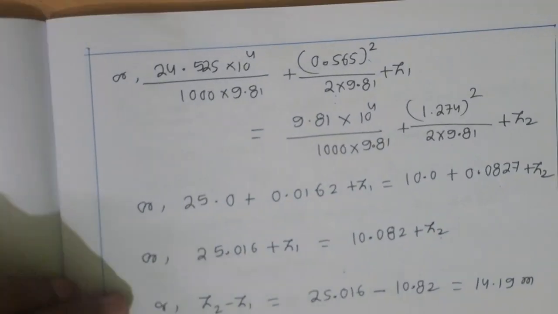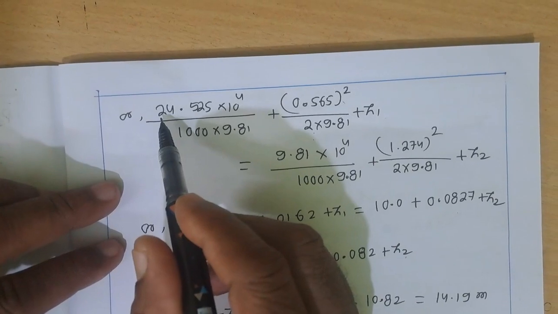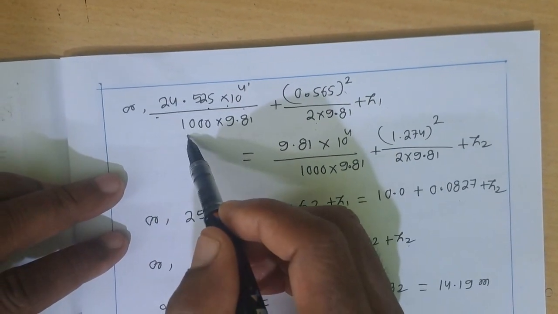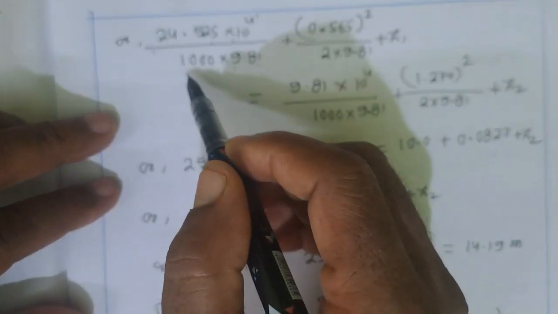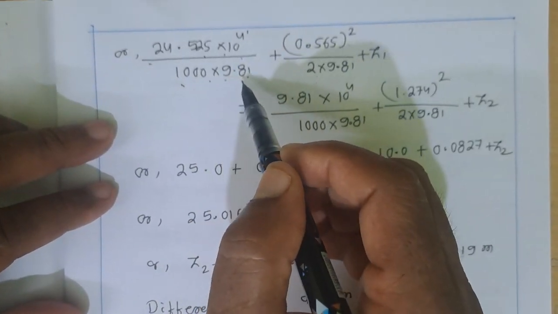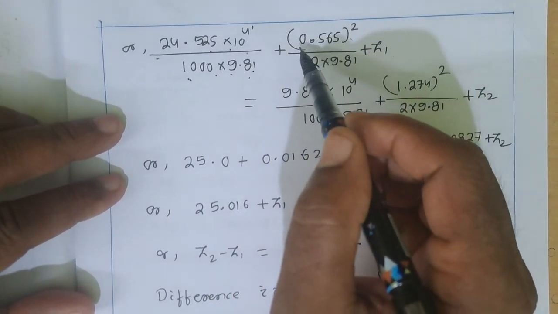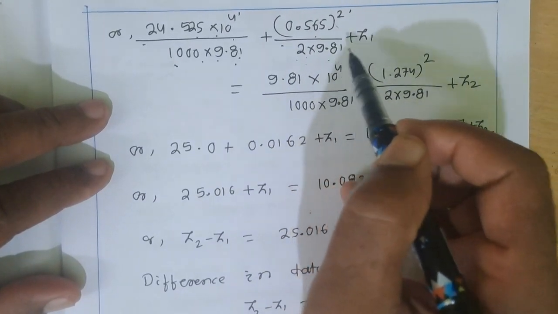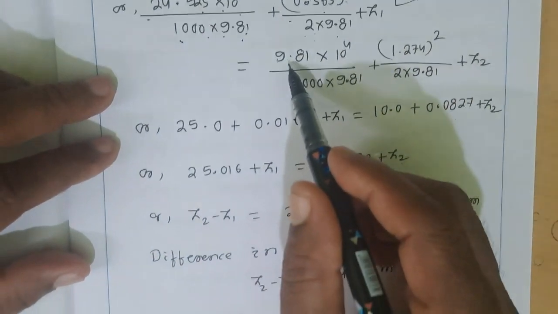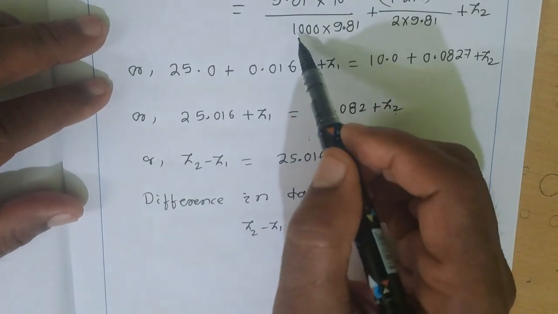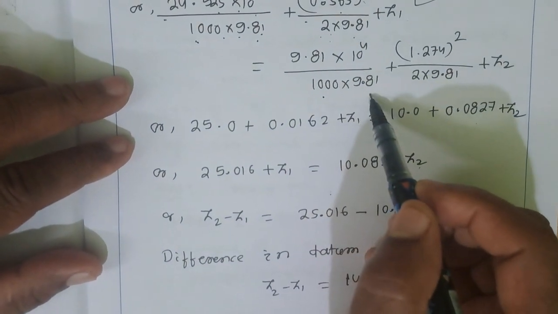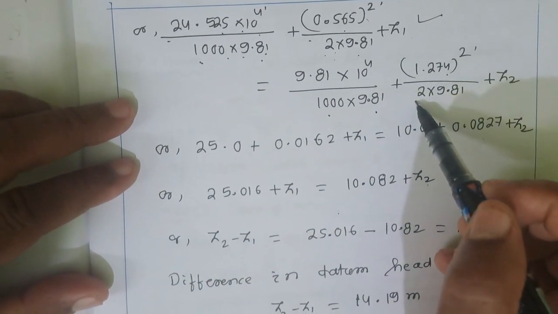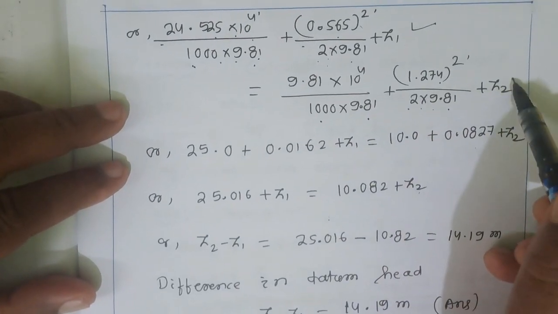Then putting all the values, we have P1 is equal to 24.525 into 10 to the power 4 divided by 1000 into 9.81, because rho is equal to 1000, G is equal to 9.81, plus V1 0.565 square divided by 2 into 9.81 plus Z1 is equal to 9.81 into 10 to the 4 divided by 1000 into 9.81 plus V2 means 1.274 square divided by 2 into 9.81 plus Z2.